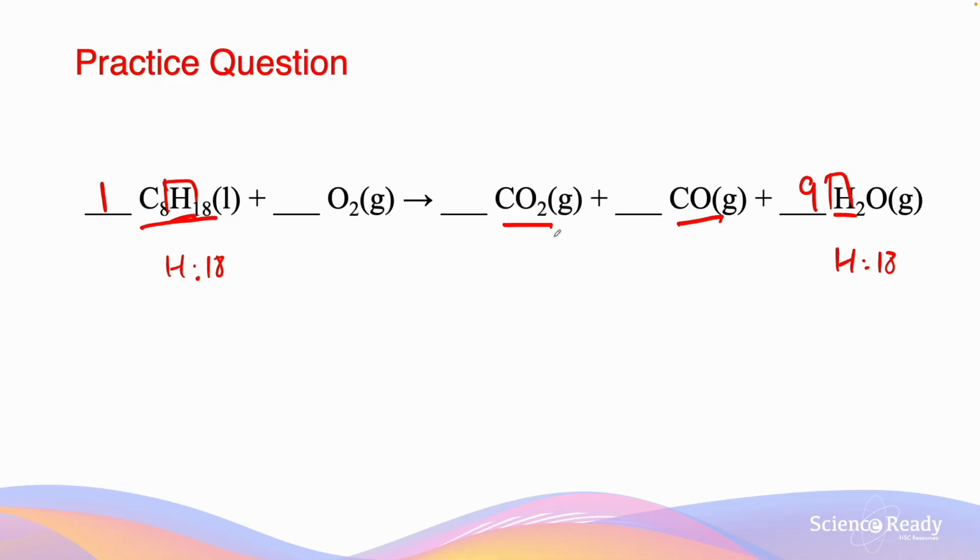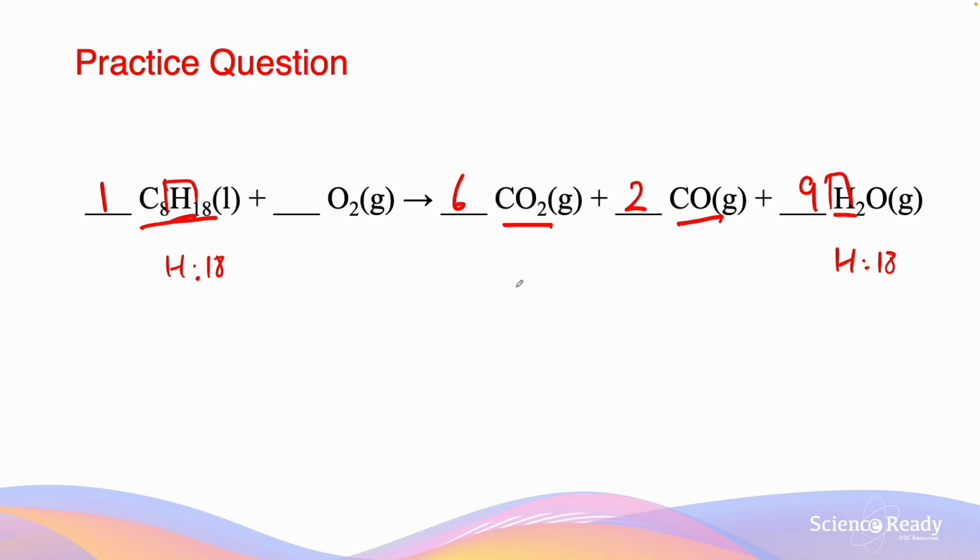As I said previously, there can be multiple correct answers depending on what ratio of C's we would like to choose. It does not matter what these coefficients are so long as this number plus this number is equal to 8. So let's say I decide to go with the numbers 6 and 2.